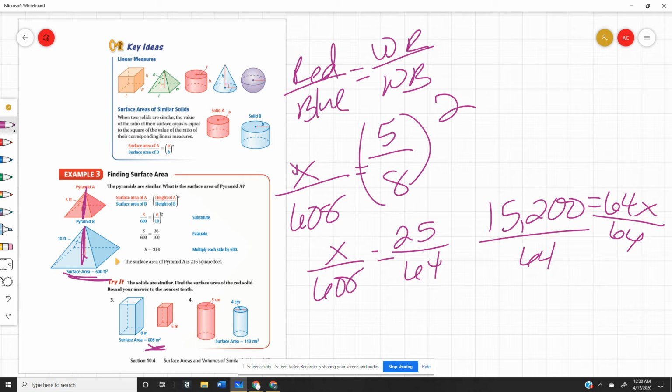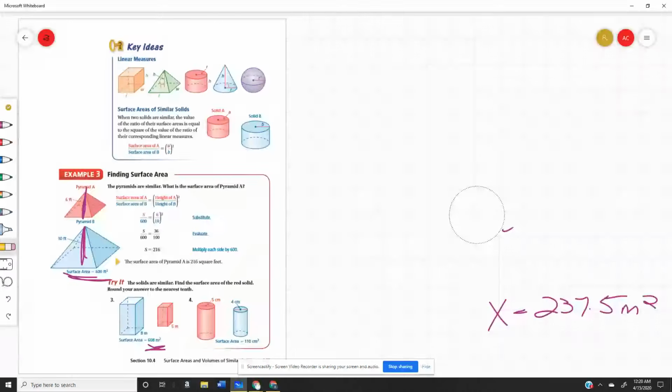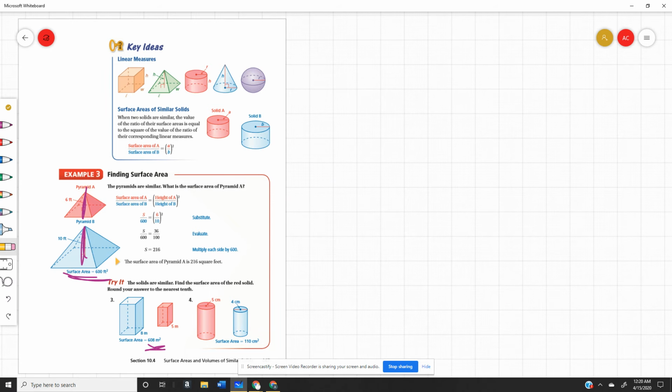And you get that x, or our missing surface area, is equal to 237.5 meters squared. Okay, so that was try it 3. Don't be like me and forget to square it. Good thing I have an answer key sitting right here in front of me.